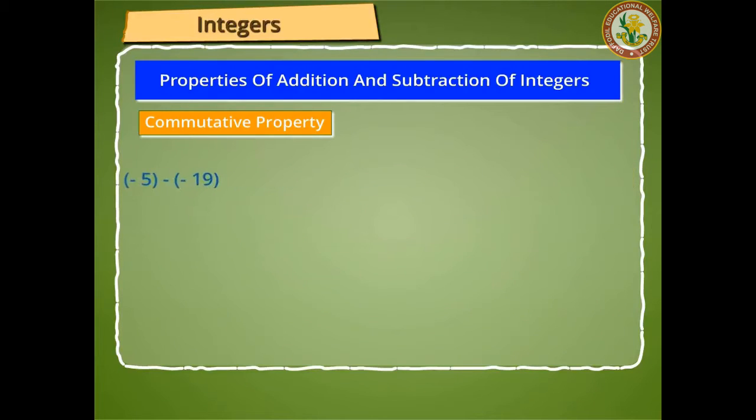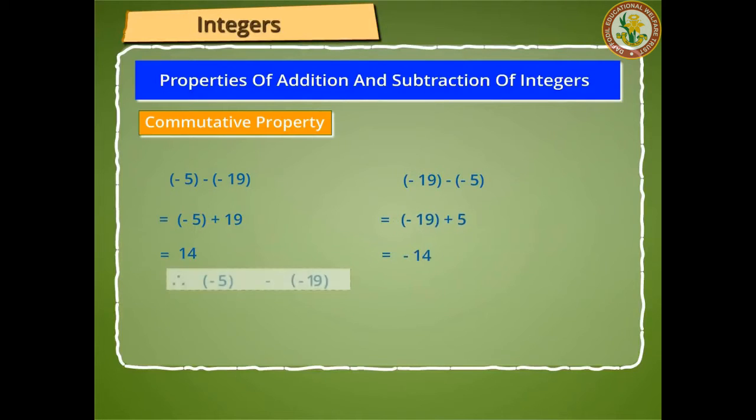Again, minus 5 minus minus 19 is equal to minus 5 plus 19 is equal to 14, and minus 19 minus minus 5 is equal to minus 19 plus 5 is equal to minus 14.